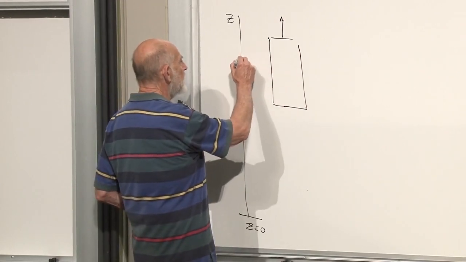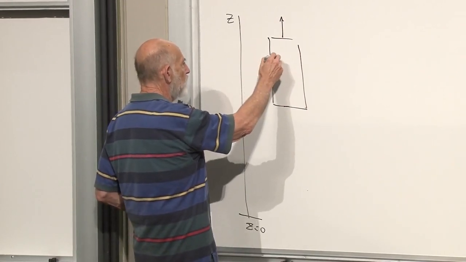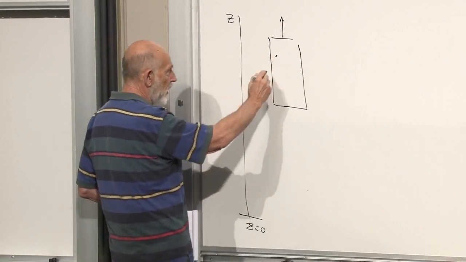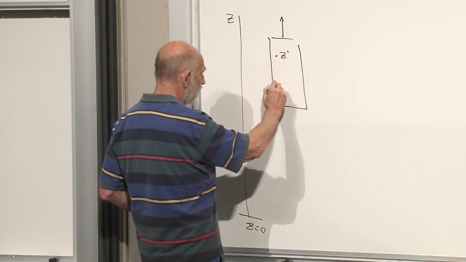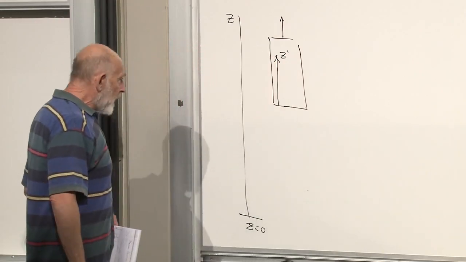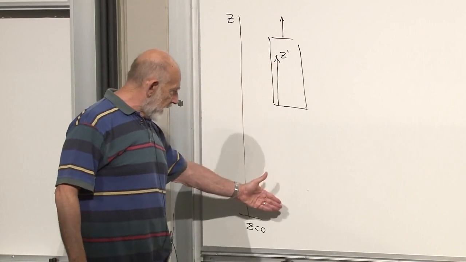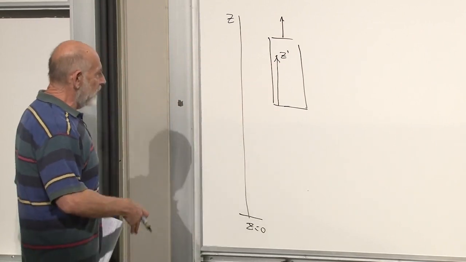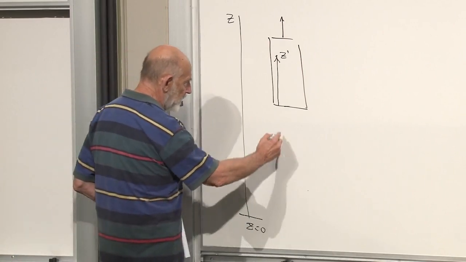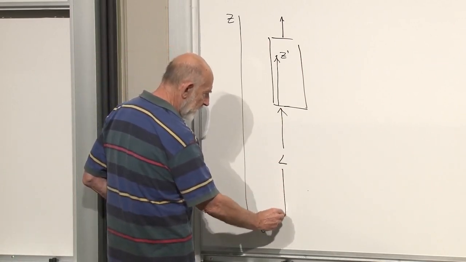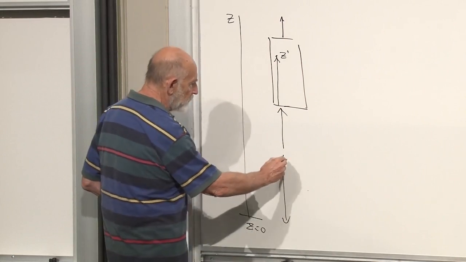And so the same physical point, let's say it's a point over here, has a Z coordinate and it has a Z prime coordinate, and Z prime is measured from the floor. Now, the height of the floor of the elevator relative to Z equals 0, let's call it L. And L is clearly a function of time.